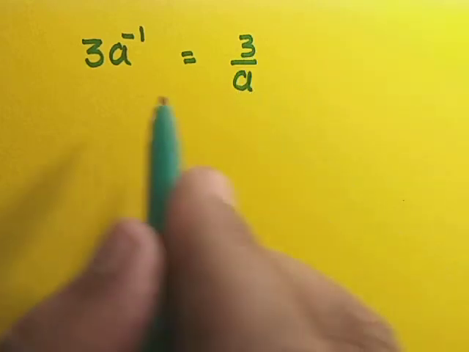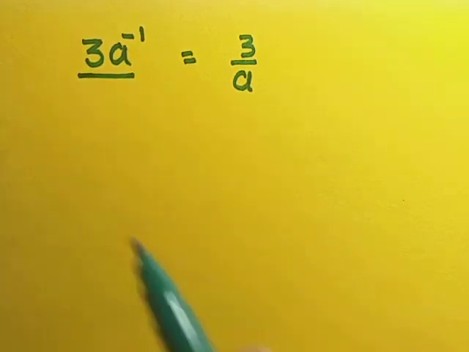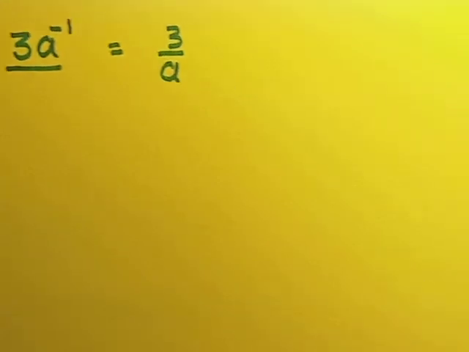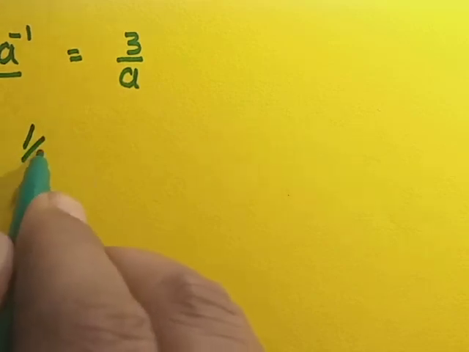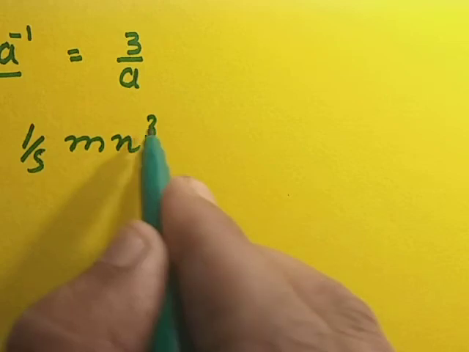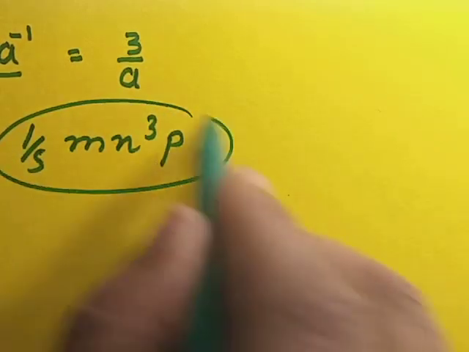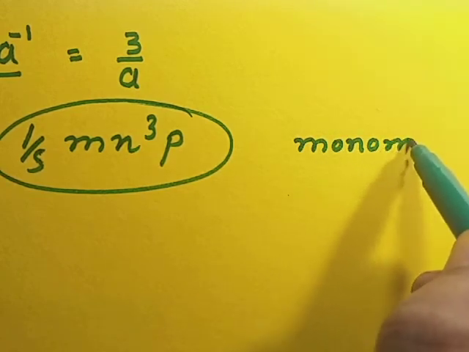But usually it is written in this form, which is a kind of standard form of writing an algebraic expression. And supposing we have 1 by 5 mn cube p, then this becomes a monomial as we discussed earlier.